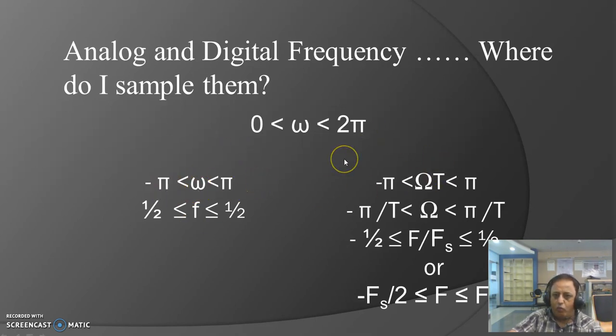So when we are taking discrete time samples from a continuous time signal, we have to see that the frequency capital F of the analog time signal should be between minus fs by 2 and plus fs by 2, and omega should be between minus pi and pi. So this is what would help us to extract the discrete time signal, or this would be one of the limitations or manners of extracting a discrete time signal from a continuous time signal.